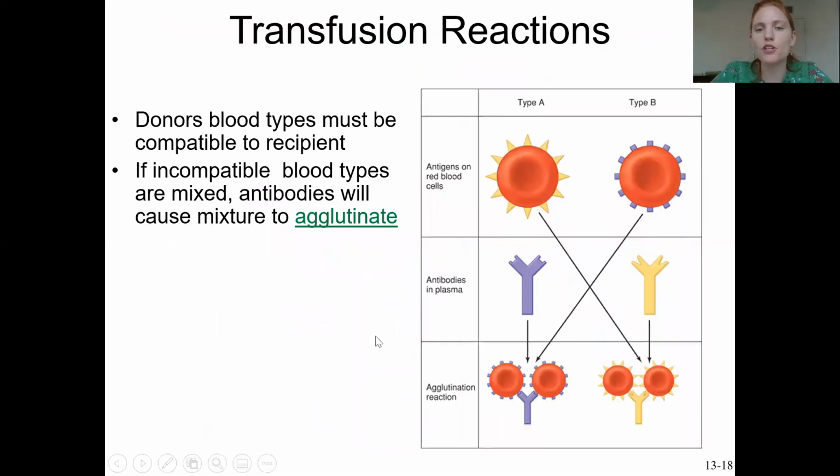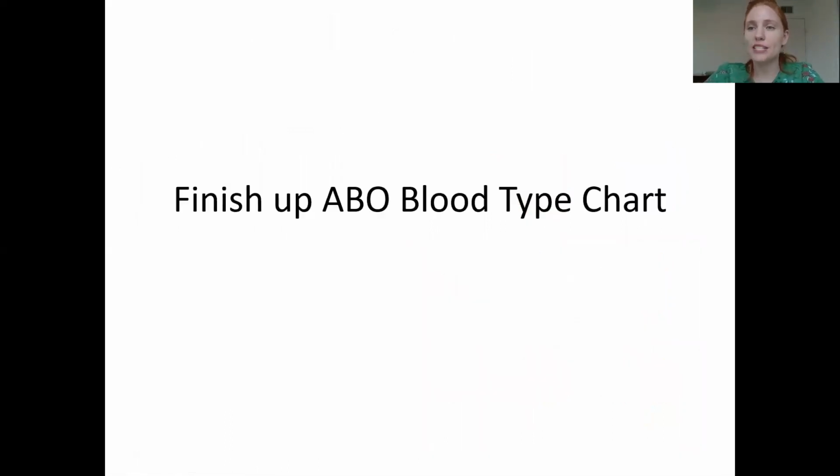The process of clumping up when they bind together, the antigen and the antibody clumping together, is called agglutination. If you give somebody the wrong blood type, they're going to bind to each other, causing clumping and destroying the transfused red blood cells. That's why we care about it, because you can't give them the wrong blood cell or you will kill them. So what I want you to do, based on the idea of which antibodies bind to which antigens, is figure out who gives to whom and who receives from whom.